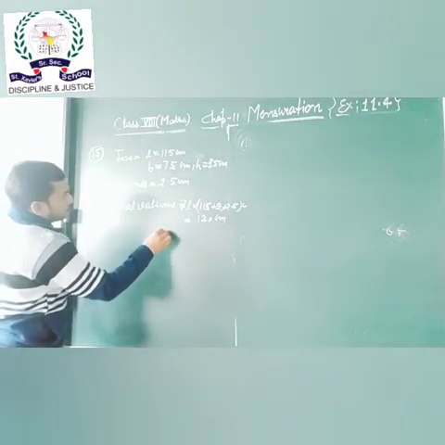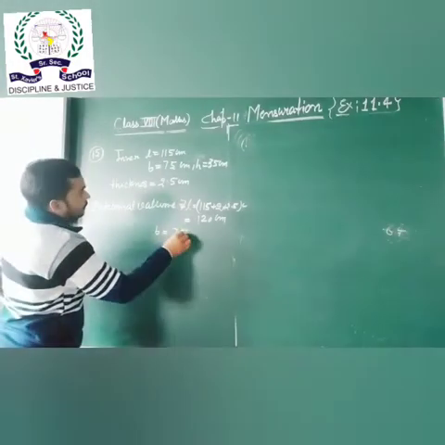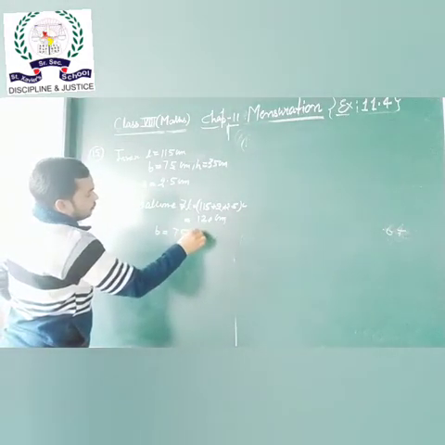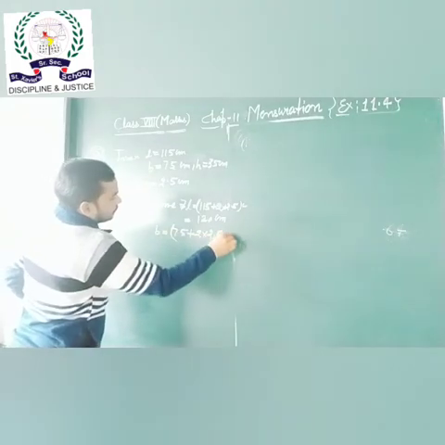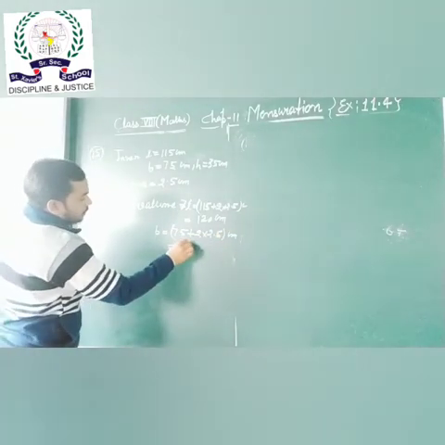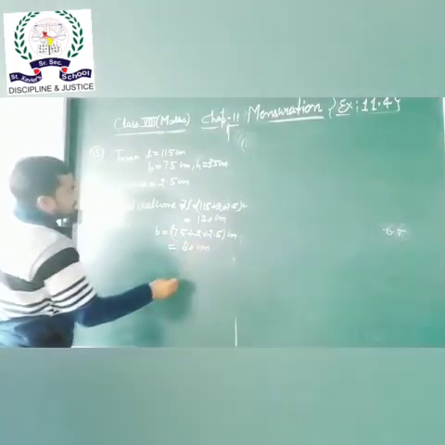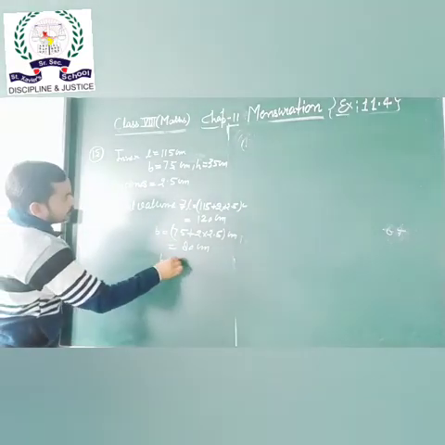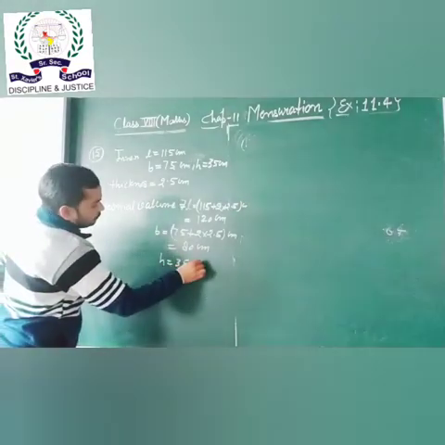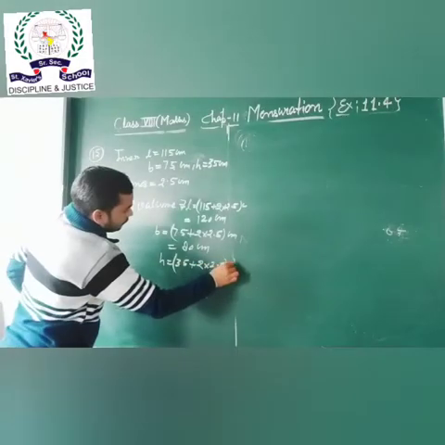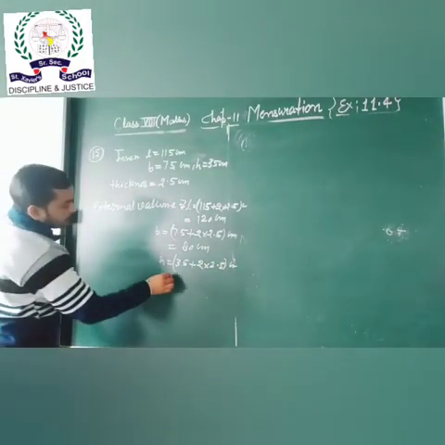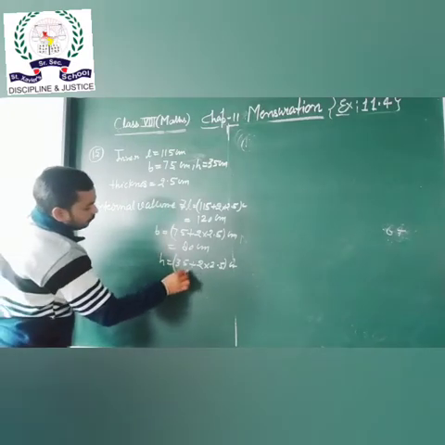The breadth becomes 75 plus 2 into 2.5 equals 80 centimeter, and height 35 plus 2 into 2.5 equals 40 centimeter.